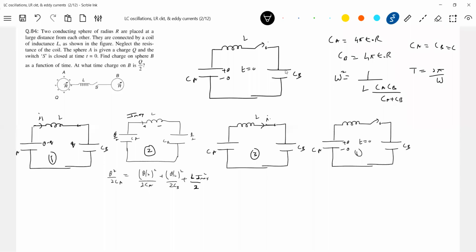So let this be I3. The charge here will be more than that one. So here you write Q1, Q2. Q2 will be greater than Q1. In the next diagram, the charge on this will increase. So what can be finally? Finally what happens, no?